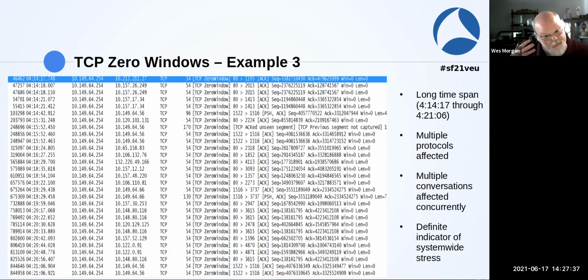Well, this is as clear an indicator as you're going to get, because we have multiple conversations affected at the same time, and these are being driven by multiple threads at the application layer, and they're all happening within a long span of time. So this is a very clear indicator that this system is under a general stress condition.